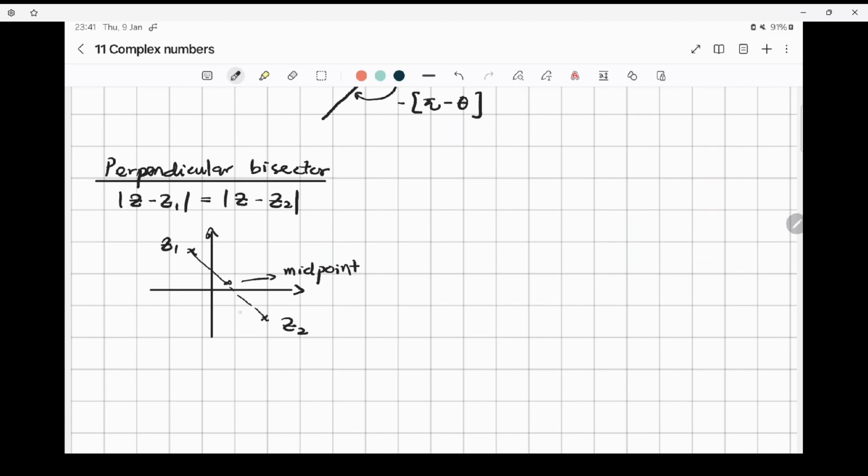And then the next step is to find the angle between z1 and z2, or the gradient of z1, z2 as a line. And then use the perpendicular formula to find this particular equation. So this will be modulus z minus z1 equals modulus z minus z2. Okay.